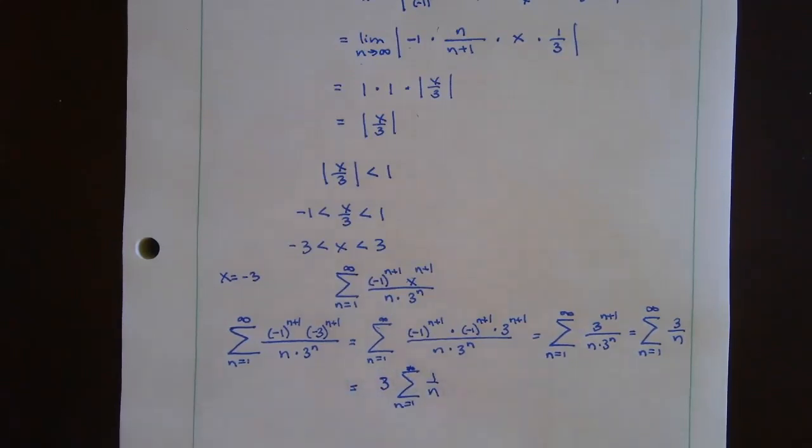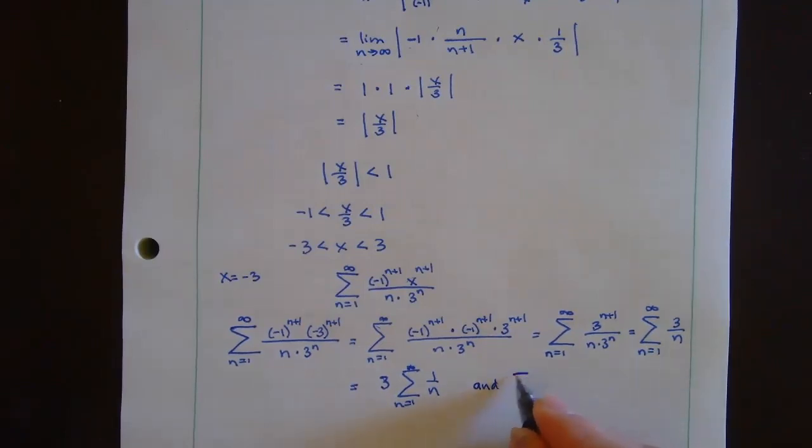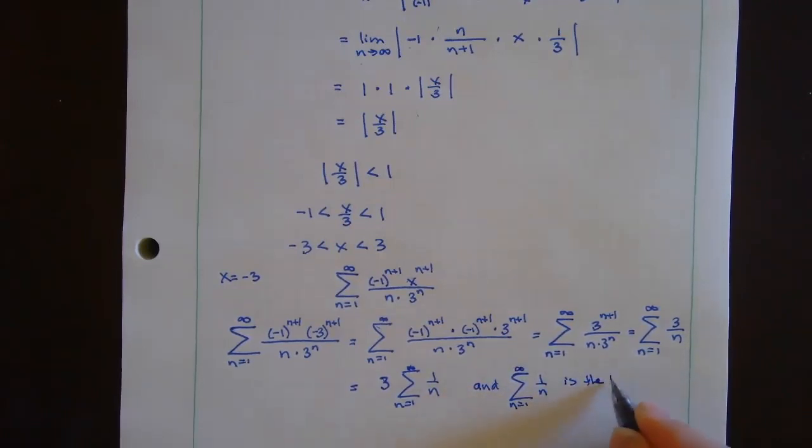So this is going to diverge. The sum from n equals 1 to infinity of 1 over n is the harmonic series, which diverges.